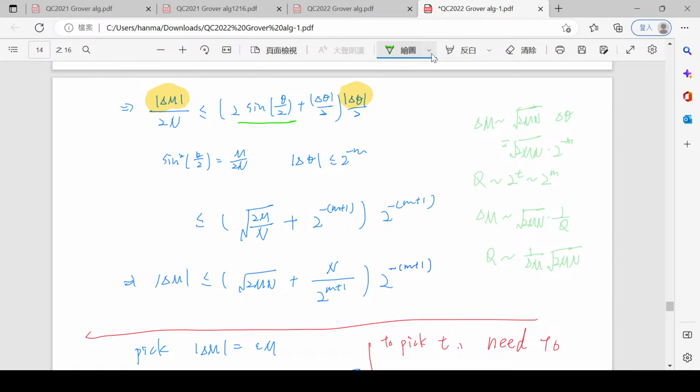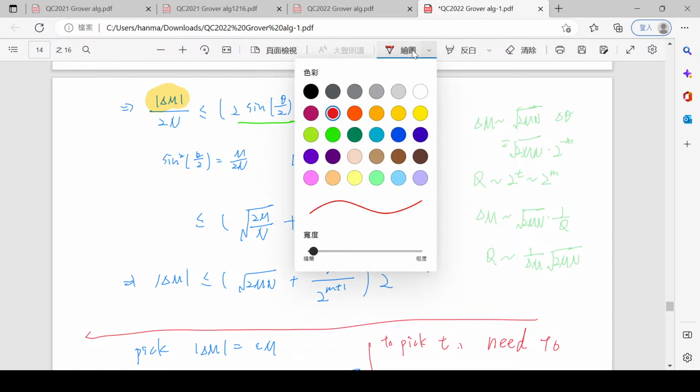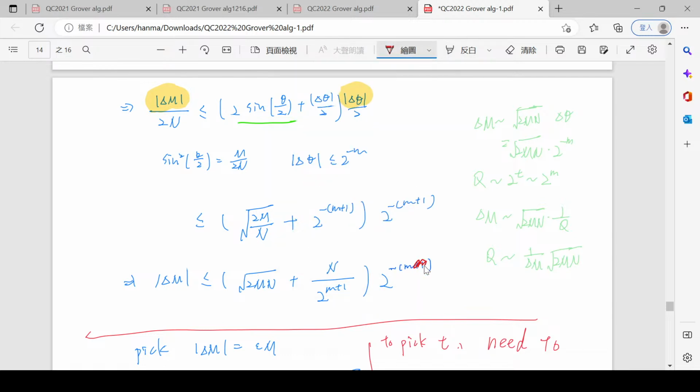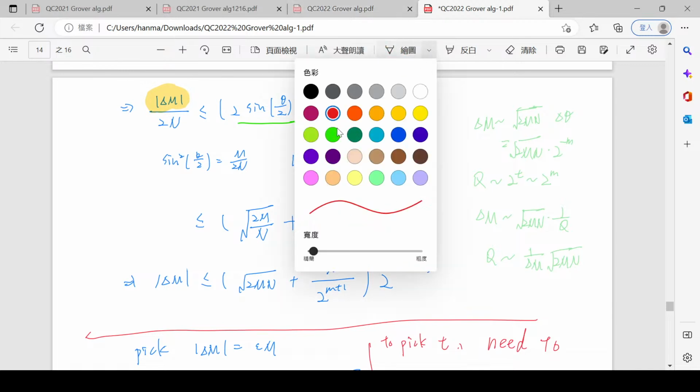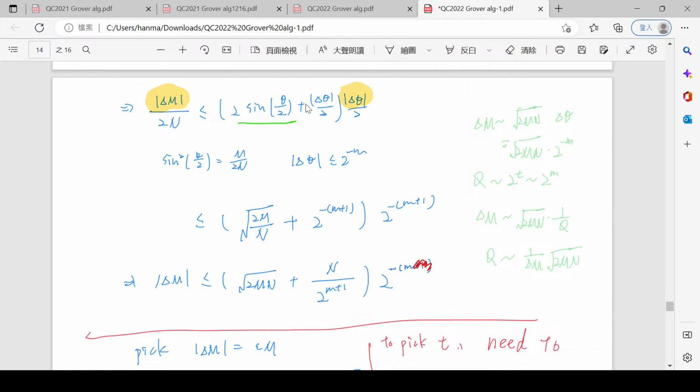Oh, I made a mistake here again. Well, let's keep going with this. Finally we put things together, and we want to express everything in n and m, so we change this sine theta over 2 to this m and n thing again.